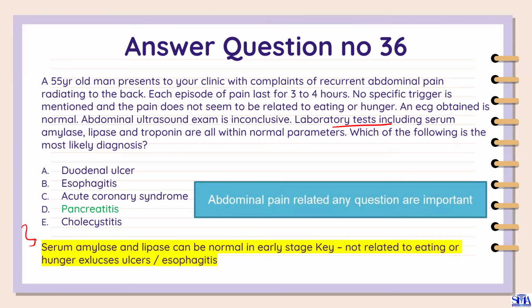Troponin and ECG are normal in the early stage of a heart attack. I'm comparing and contrasting. Is it assured that it's not a heart attack or MI? This is the same kind of question. This can be a devastating condition, pancreatitis, heart attack, all these things, so you cannot take a chance. Serum amylase and lipase, very clearly mentioned, can be normal in the early stage. Very practical question.